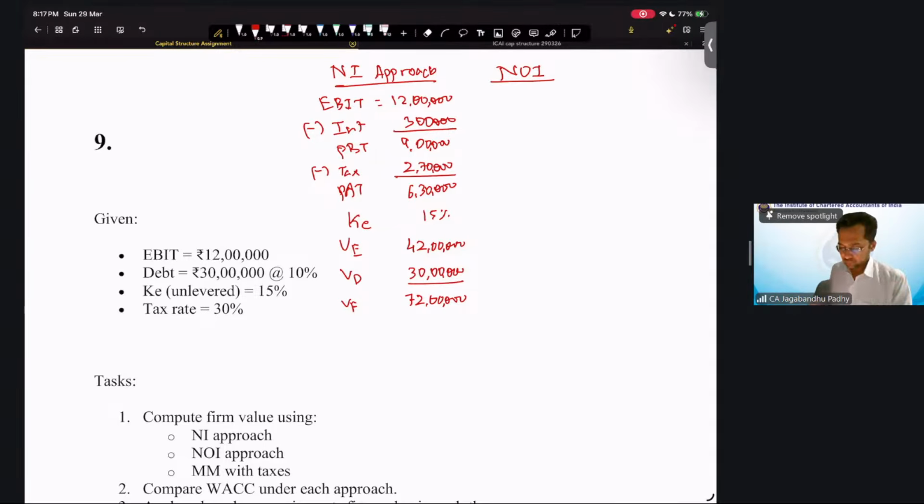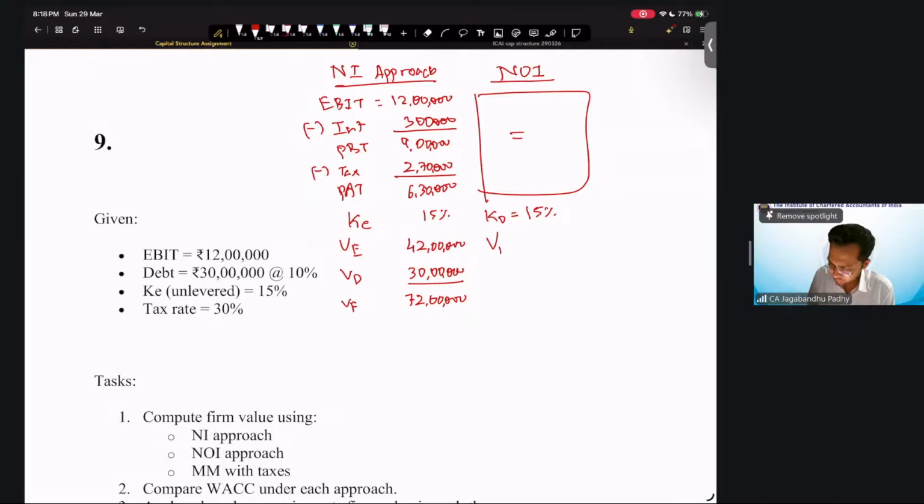Then we have the net operating income approach, NOI approach. PBT, tax and everything is the same. But in the NOI approach, we say that KE is something we can't calculate directly. Rather, I need to look at KO first. Since it is unlevered 15% KE, that is going to be the KO. So this is also going to be 15%. Now we get the value of firm directly.